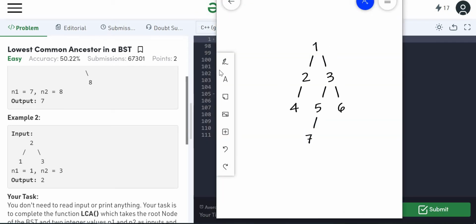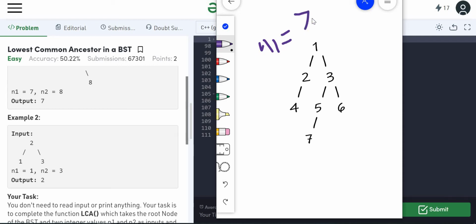Okay, so if you are given n1 equal to suppose 7, and suppose n2 is equal to 6, what will be the lowest common ancestor? If you start traversing from 7 towards the root, this will be your path: 7, then 5, then 3, then 1.